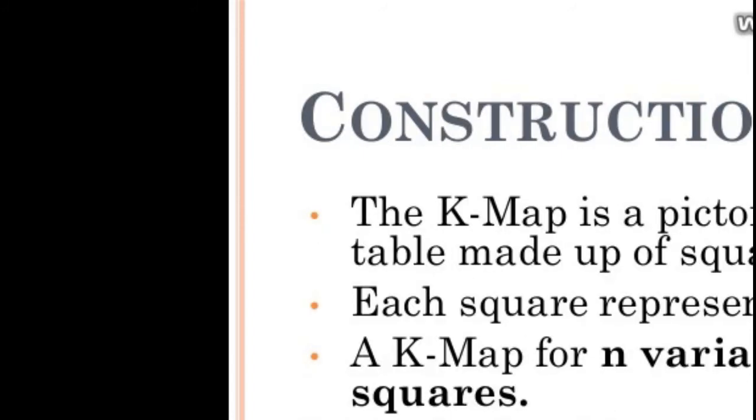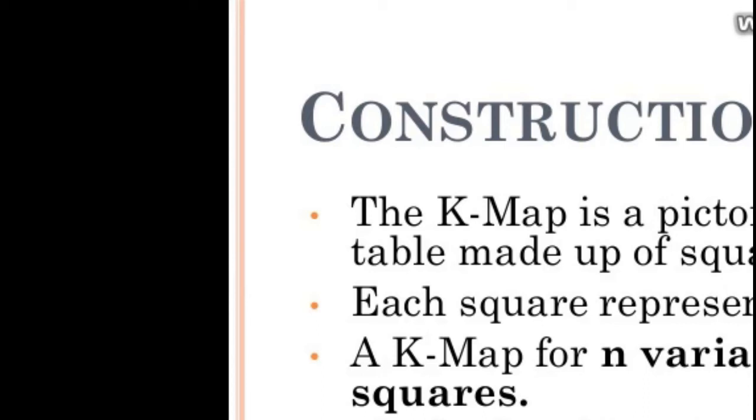Construction of K-map. The K-map is a pictorial representation of a truth table made up of squares. Each square represents a minterm or a maxterm. A K-map for n variables is made up of 2 to the power n squares.